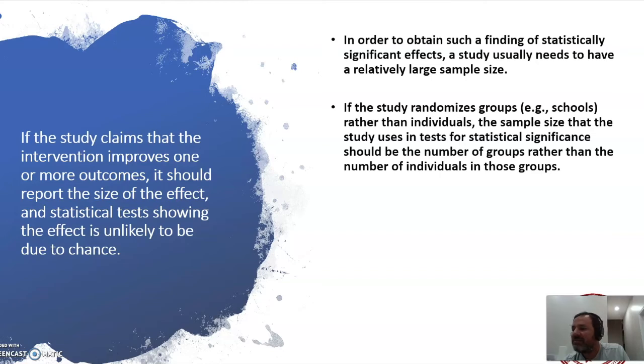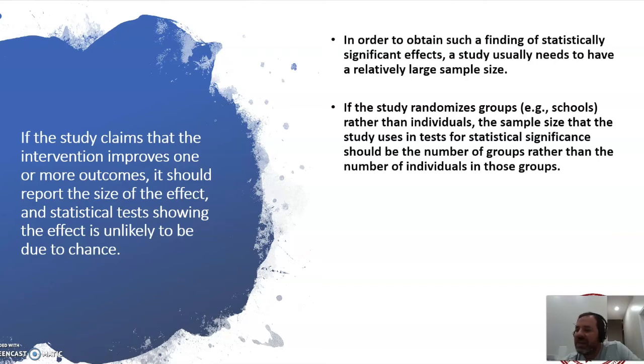If the study randomizes groups, such as schools, rather than individuals, the sample size that the study uses in tests for statistical significance should be the number of groups rather than the number of individuals in those groups. Occasionally, a study will erroneously use the number of individuals as its sample size and thus generate false findings of statistical significance.